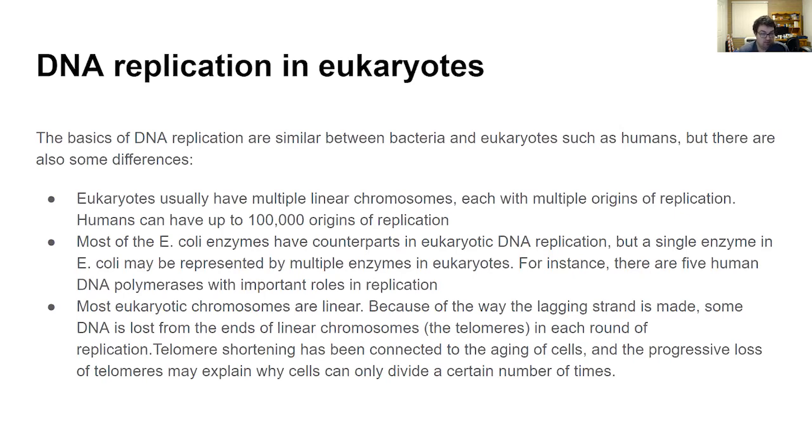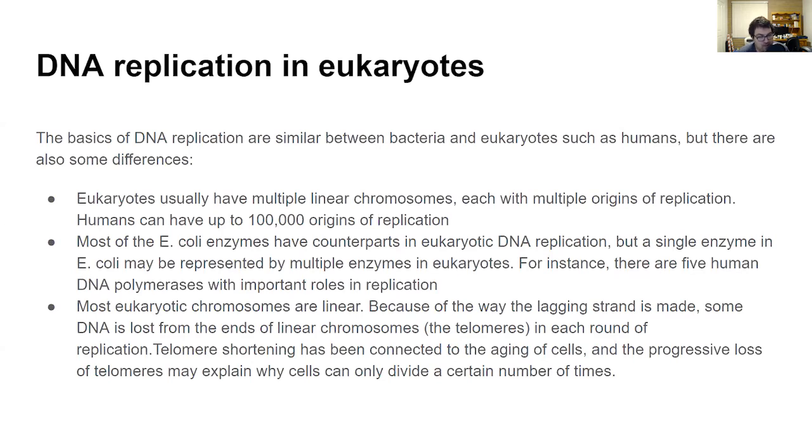Eukaryotes are organisms that have membrane-bound organelles, multicellular organisms like us humans, like plants and so forth. They tend to have multiple linear chromosomes, so they have multiple strands of DNA that are packaged up around proteins inside their nucleus.